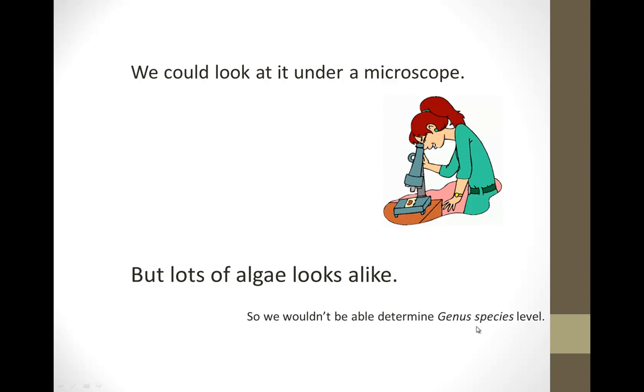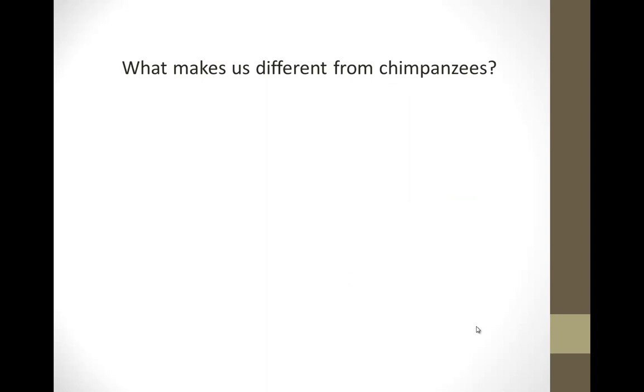So one way to look at it is to think to yourself, what makes us different from chimpanzees? Besides the fact that we drive cars. It's the differences in our DNA. In fact, our DNA differs from chimpanzees by about 1.2%. But those differences can tell us a lot about those two organisms and how long ago they separated evolutionarily.